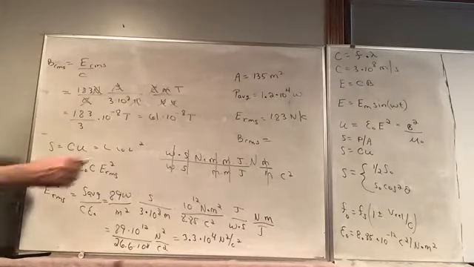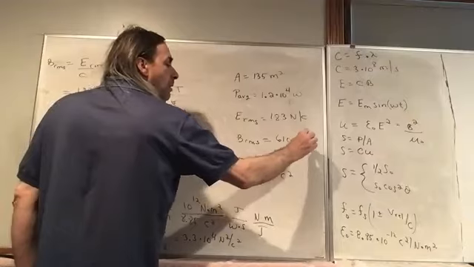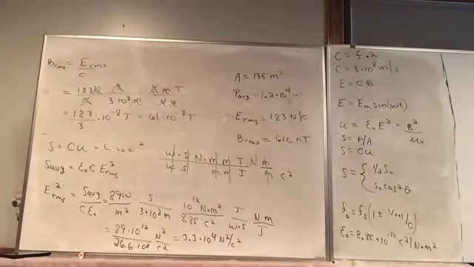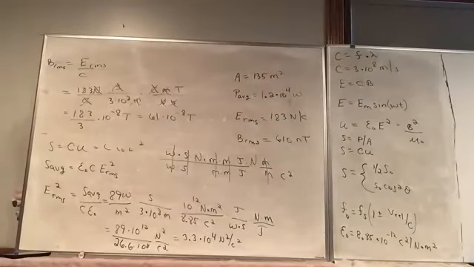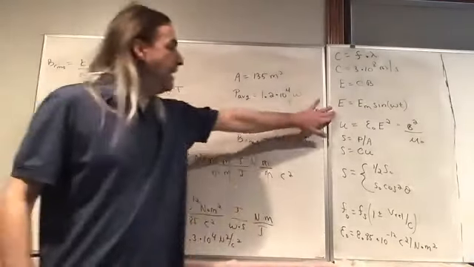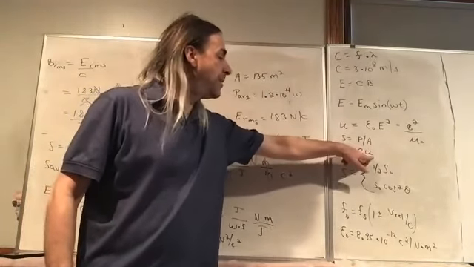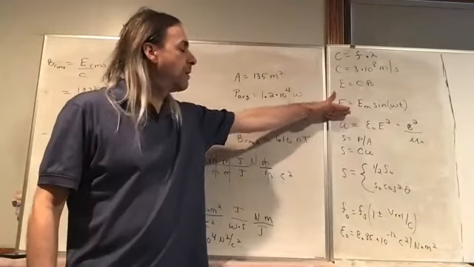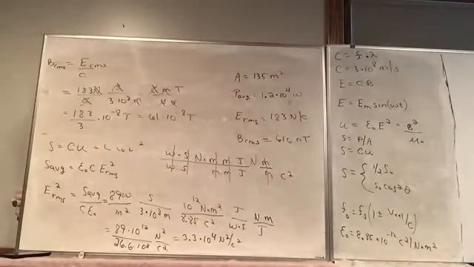We can write this as 610 nanoteslas. Okay. So any questions on that problem? That required putting a couple of different things together. Like we had to use these three equations. Intensity is the speed of light times the energy density. And also just the definition of intensity as power over area.